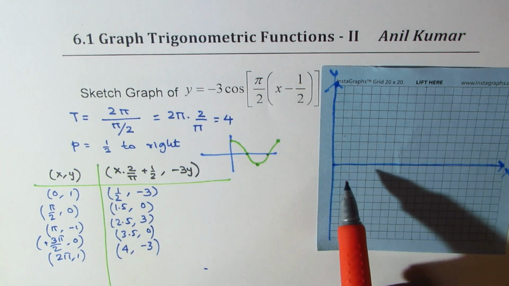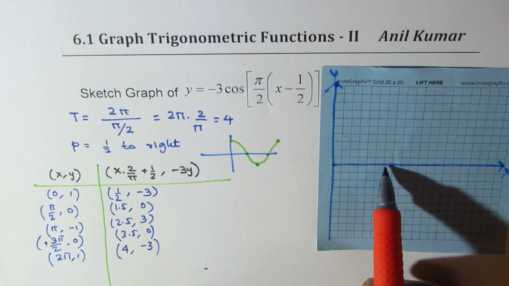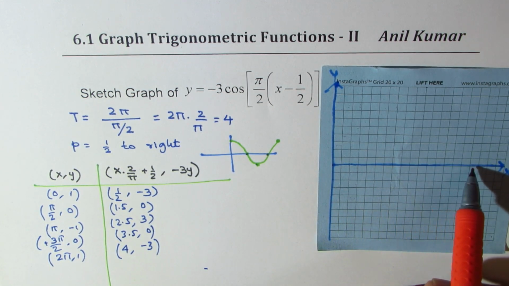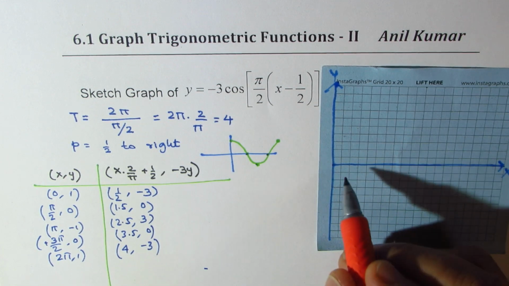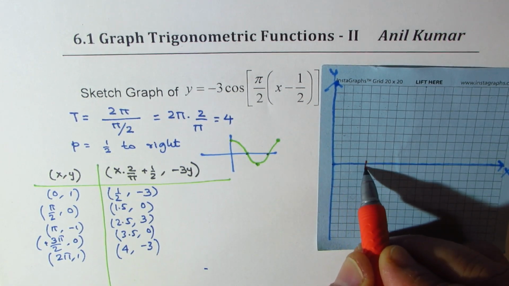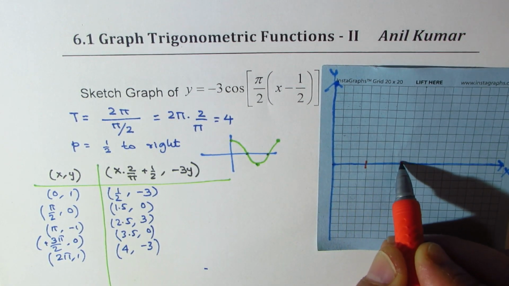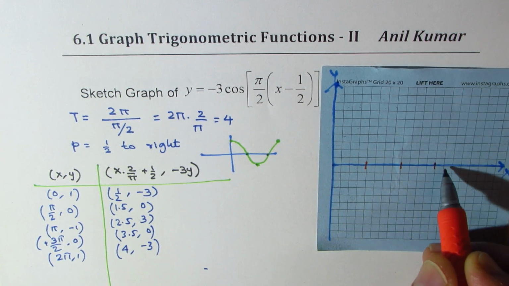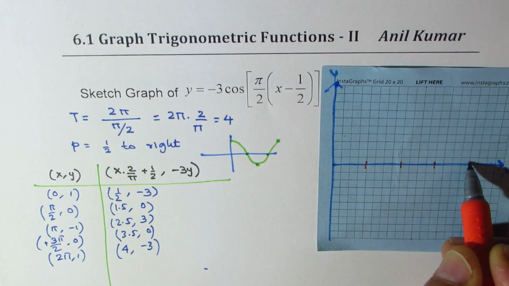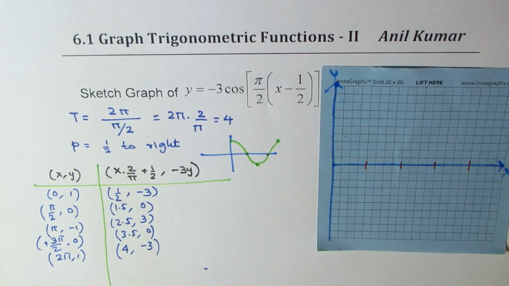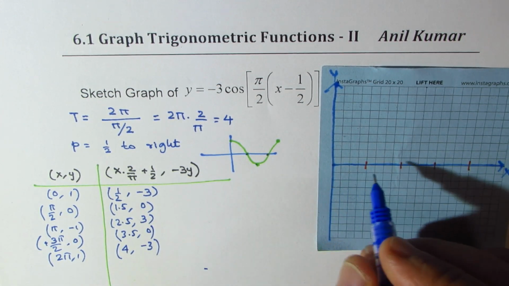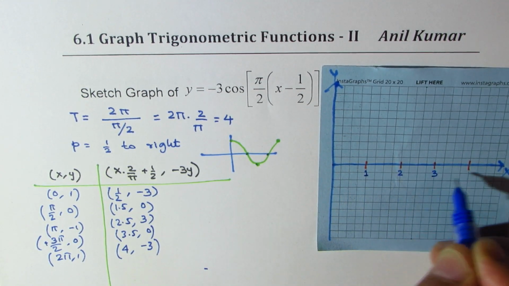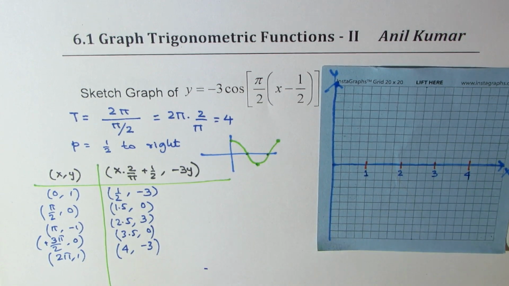So if you count the divisions, 1, 2, 3, 4, 5, 6, 7, 8, 9, 10, 11, 12, 13, 14, 15, 16. Sets of 4 is good enough. So that is 4 for me. So each set of 4 is like 1 for me, right? You get an idea, right?